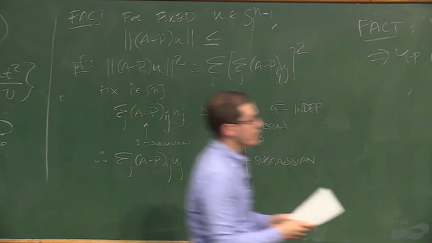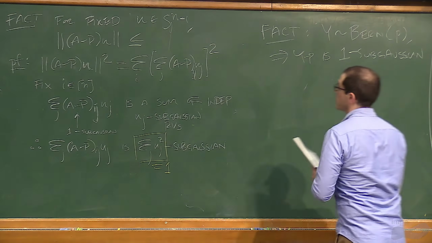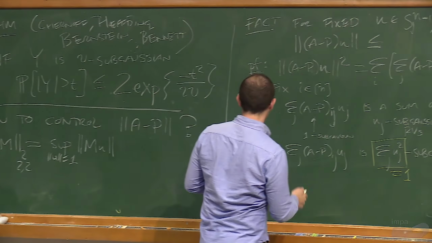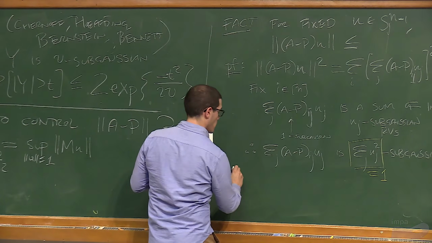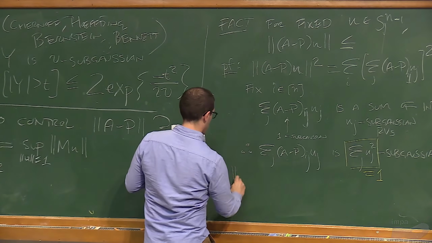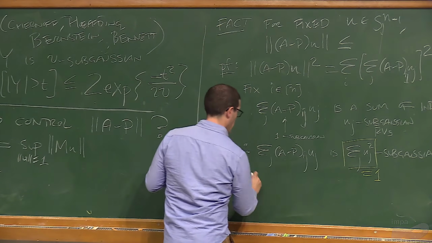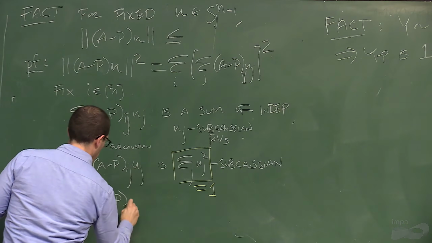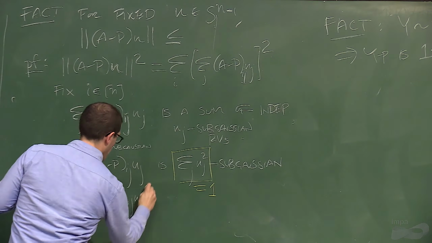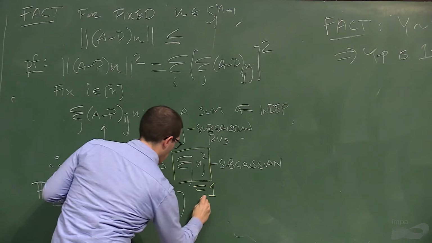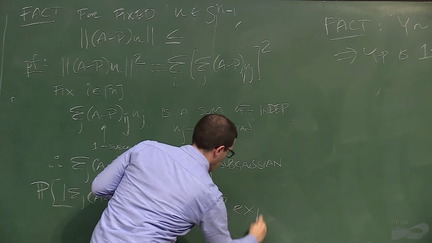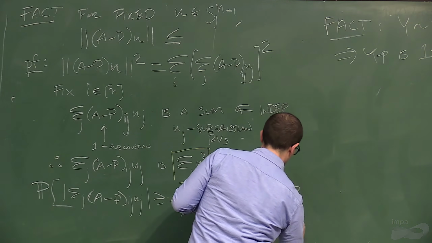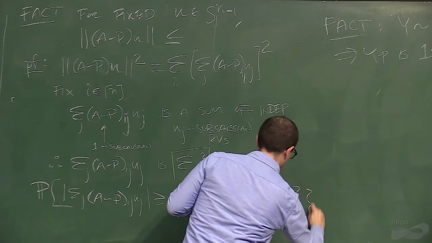So if we now go back and use, where did I state our, oh, right, so now we're going to use this bound. Okay, so the probability that the sum over j of (A minus P)_ij u_j is bigger than or equal to t, this is just t squared over 2.